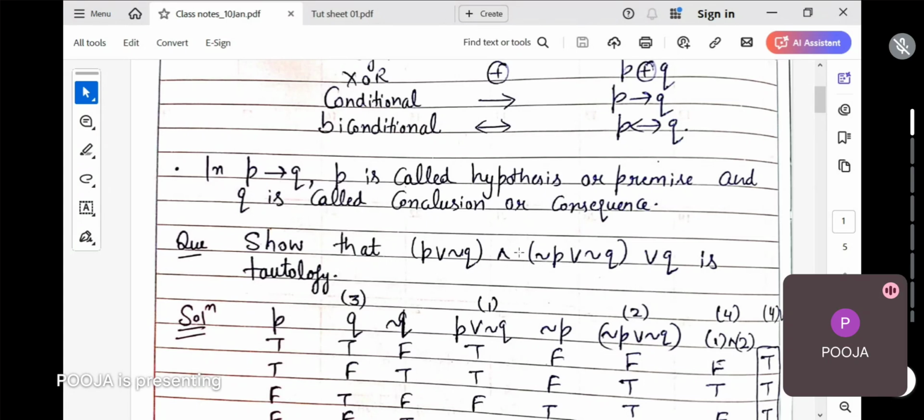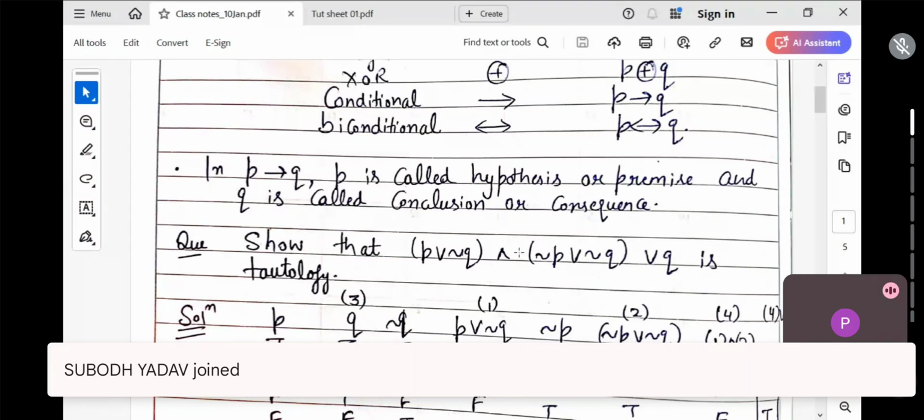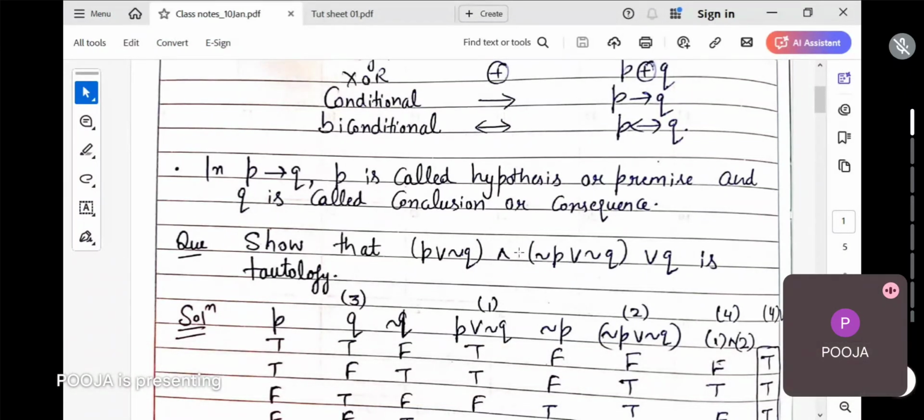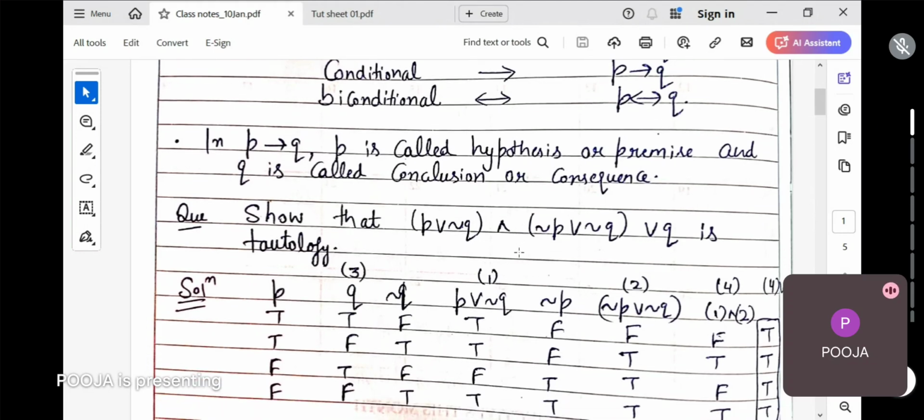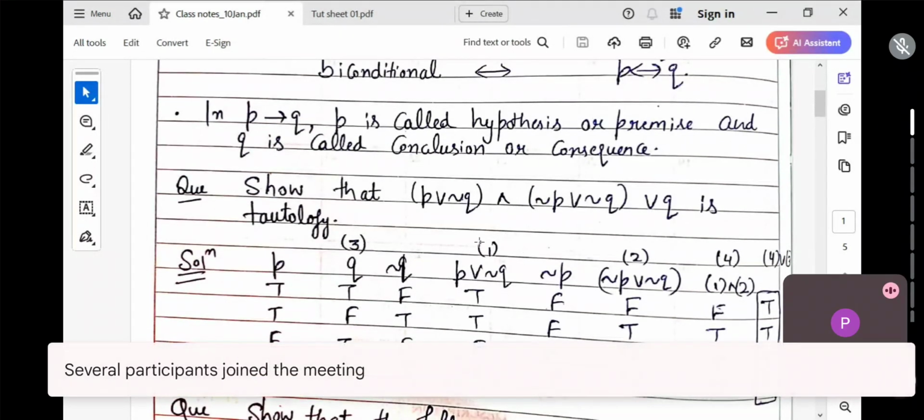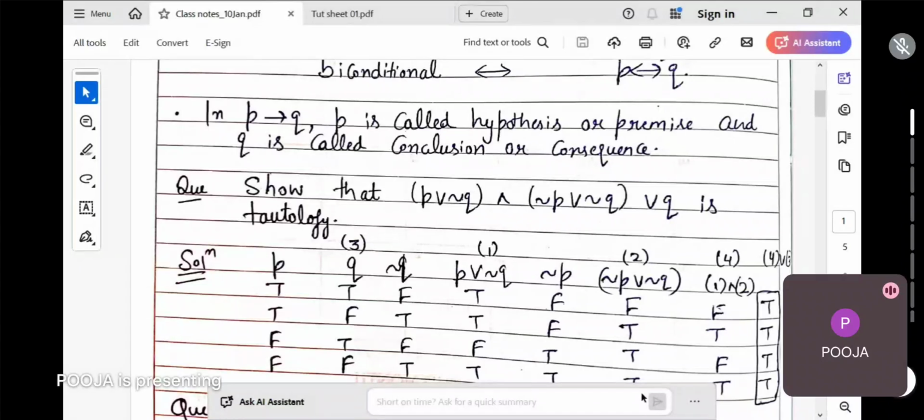Now my task is to show this proposition is a tautology. Tautology means all the truth values should be true, and fallacy means all the truth values should be false. Because we have only two propositions, the number of rows in the truth table will be 2 to the power 2, so 4 rows. I have created this table, which is very simple.